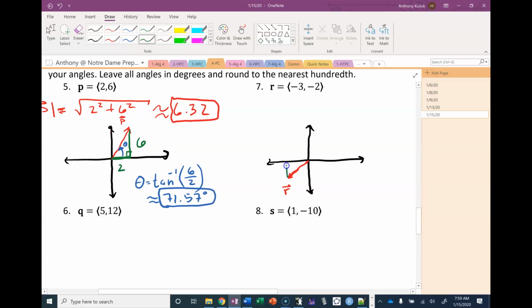If I draw my reference triangle, this was 3 over and 2 down. The angle that I'm going to find here, I'm going to call alpha. But that's not the direction that I'm looking for. The direction that I want is this one.